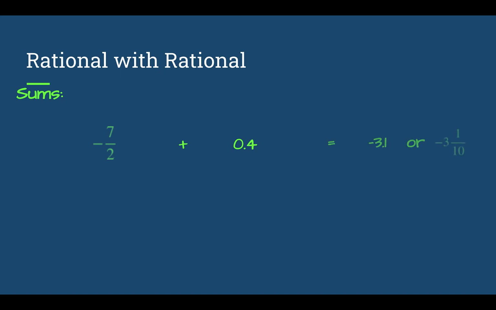If we add them together, we get negative 3.1 or negative 3 1/10. I converted my fraction to a decimal and added them, or I could convert my decimal to a fraction and add them. Either way, I get negative 3.1 or negative 3 1/10. Both of those answers are rational numbers.